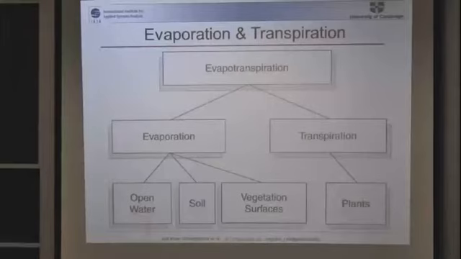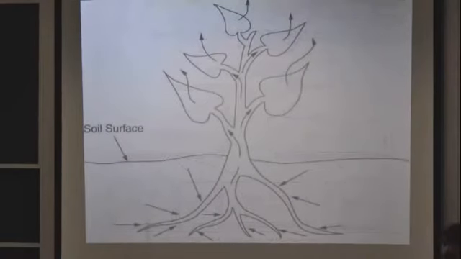It is basically from plants and trees. If you look at a general schematic, roots of a plant absorb water from the groundwater, and it goes out through the stomata of the leaves. Water evaporates, and that is known as transpiration.